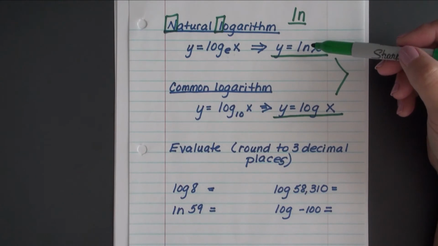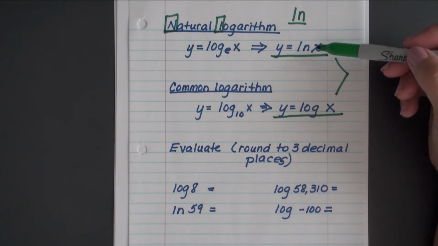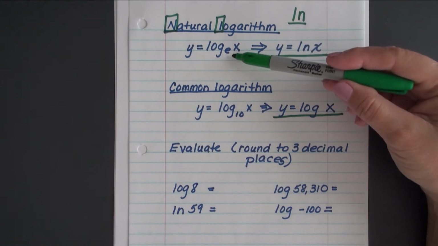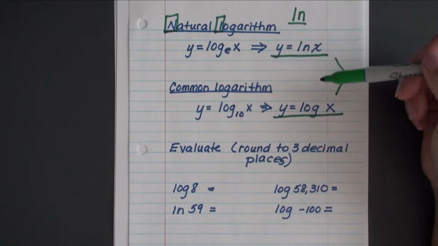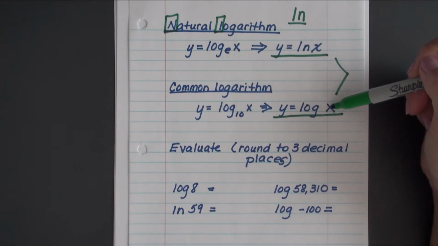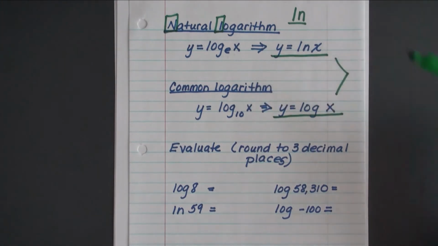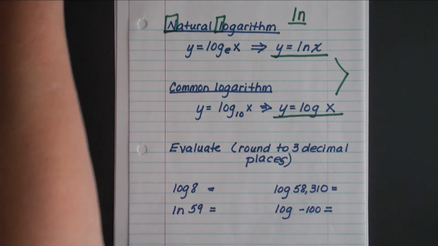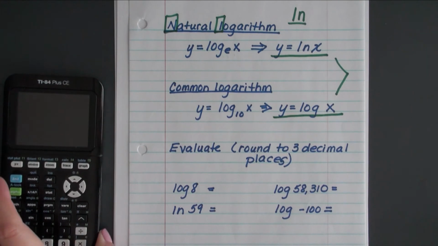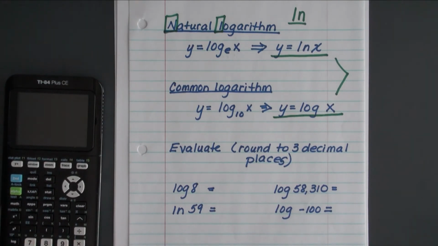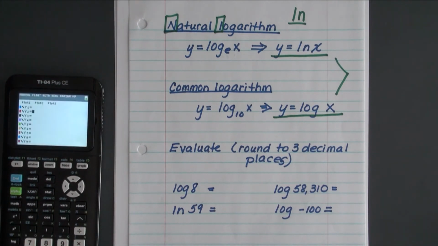Again, when you see ln of x, we know we are talking about the log base e of x. When you see log of x without a base, you assume that you are talking about log base 10 of x. Now take your calculator and let's evaluate each of these to the nearest tenth.